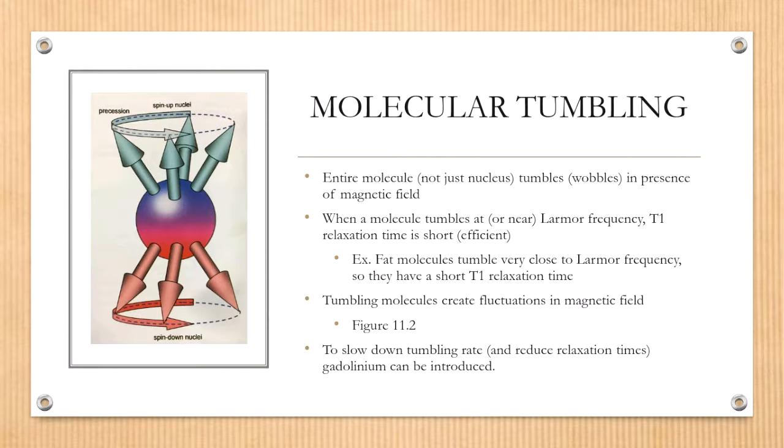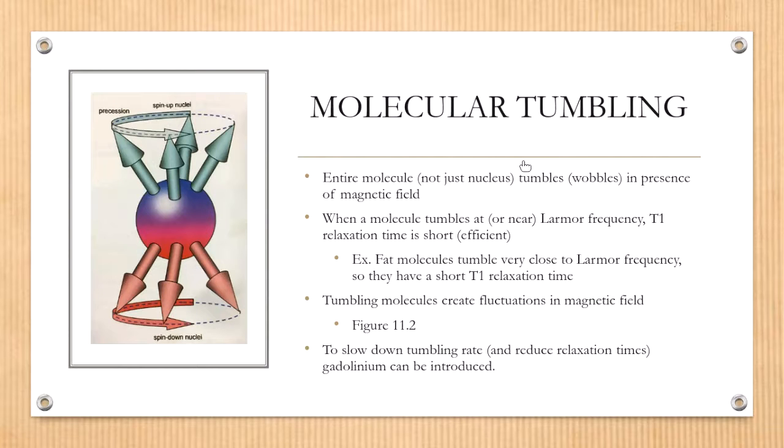So again, going back to how these MRI contrast agents function. In order for us to understand how the contrast agent affects the magnetic field and in turn affects the relaxation times of the protons, we need to refresh our memory about molecular tumbling. Tumbling of molecules is another term for wobbling.